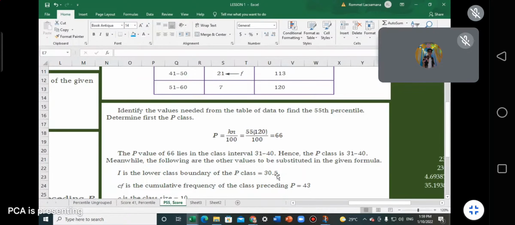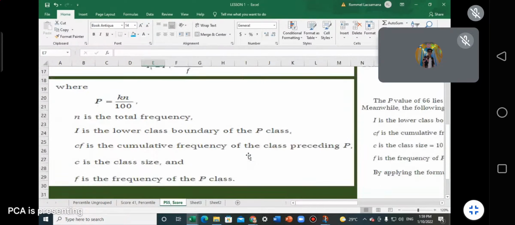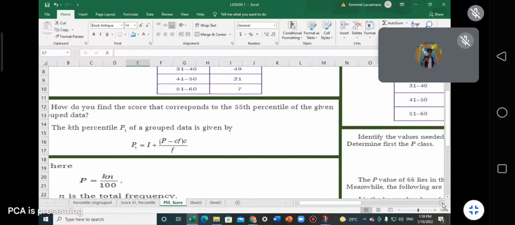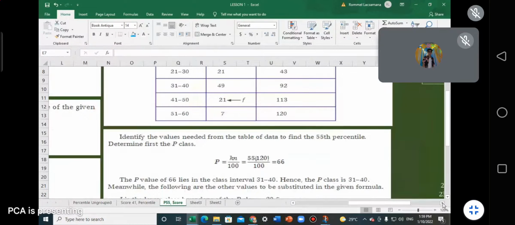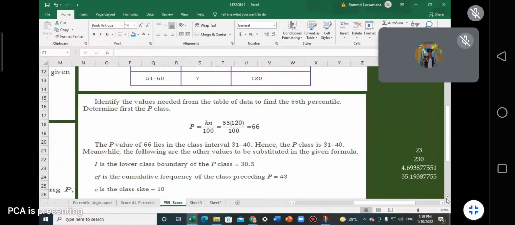It is 30.5. Okay, what about CF? CF is the cumulative frequency. We're having this formula now. It's the same formula as the class one. This is more detailed, that's why I'm using this one.